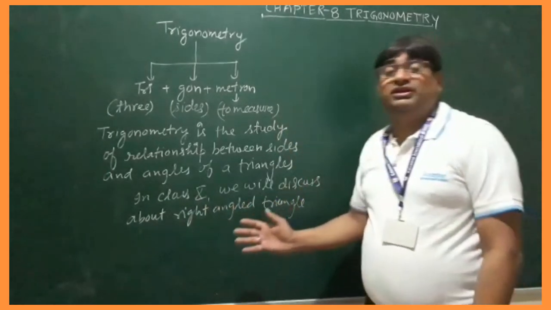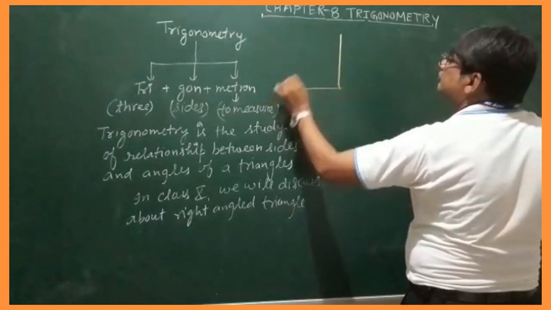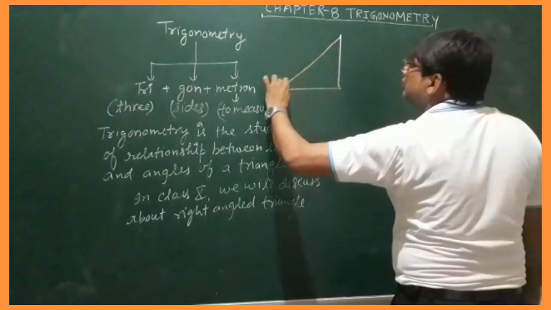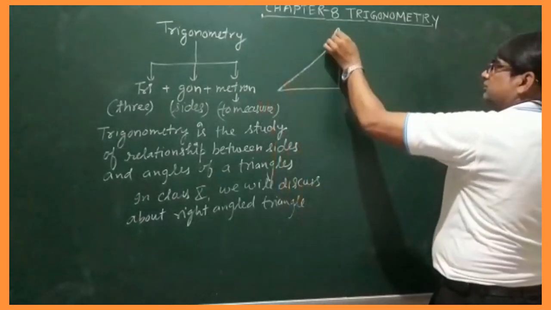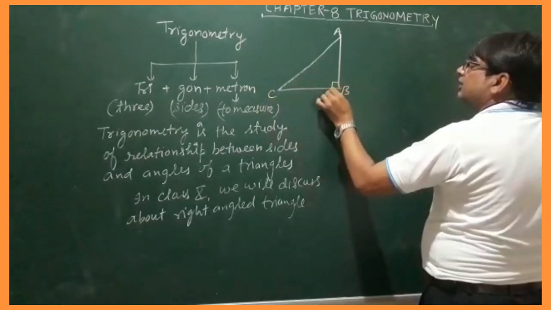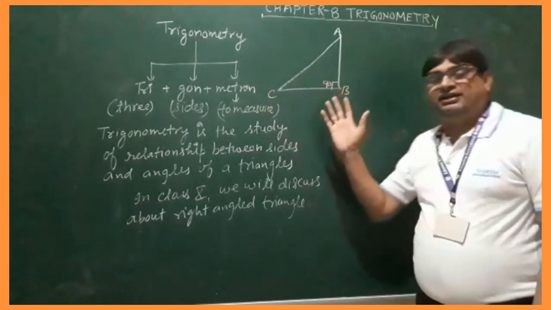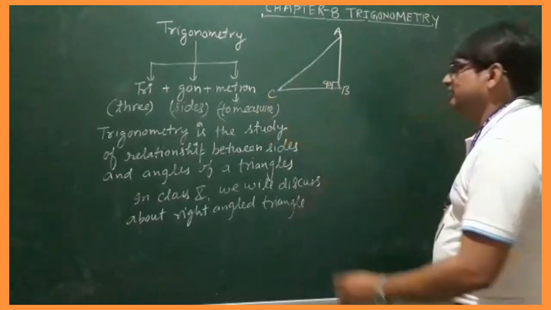Already you know, student, what is a right angle triangle? This is a right angle triangle. Suppose you name it A, B and C. In a right angle triangle, one angle is 90 degrees.